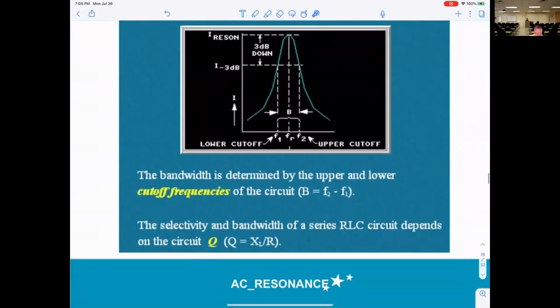The bandwidth is determined by the upper and lower cutoff frequency. Bandwidth equals F2 minus F1. The selectivity and the bandwidth of a series RLC circuit depend on circuit Q. That means the quality. Q equals XL divided by R.